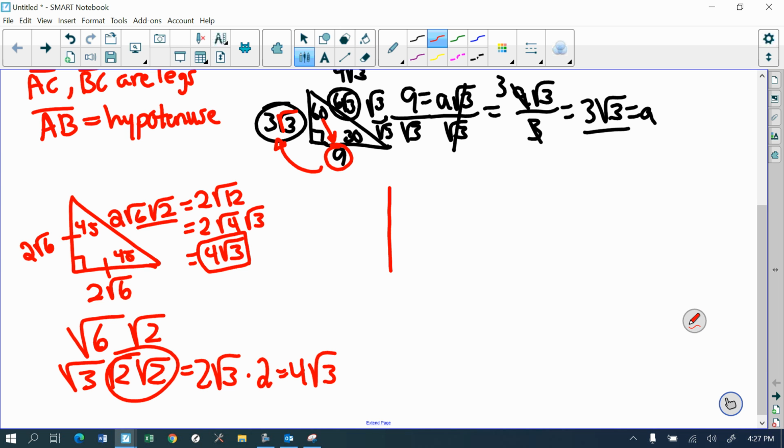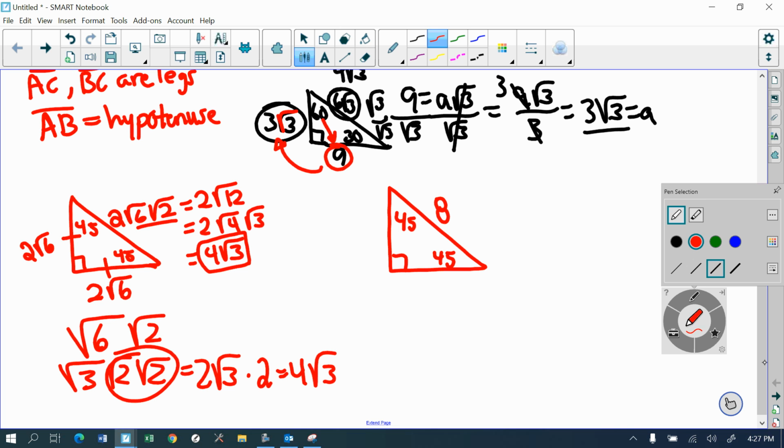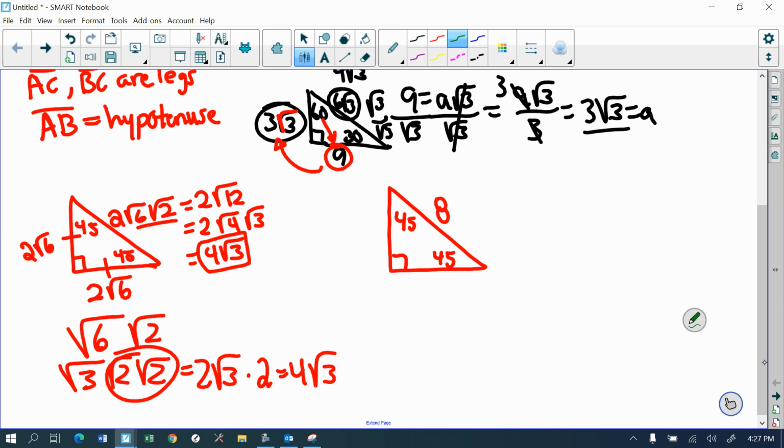All right, the other way is if they give me the hypotenuse. Let's say I start with 8. Okay, well, what does it say to set the hypotenuse equal to? A root 2. So a root 2 equals 8. Divide by root 2, divide by root 2.